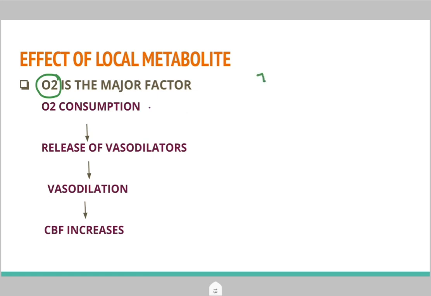But how does oxygen regulate the coronary blood flow? As we learned, it utilizes 75% of oxygen, that is, the oxygen reserves of the cardiac muscle are very low. If it requires any extra amount of oxygen, the solution will be to increase the coronary blood flow.